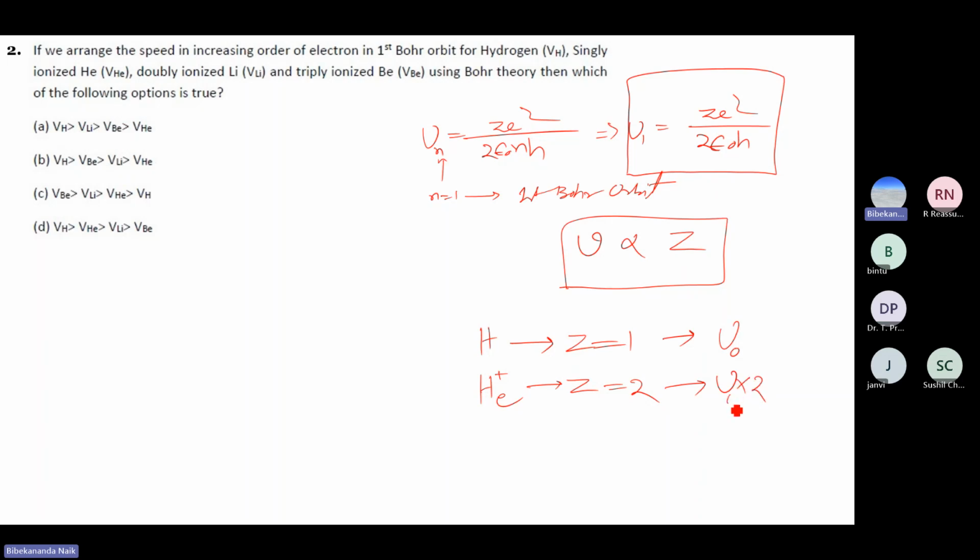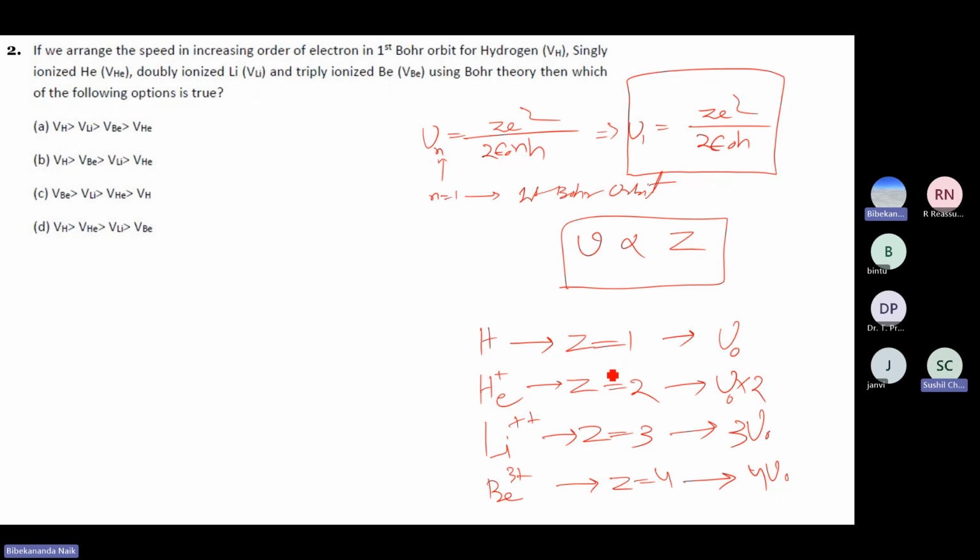Similarly, for lithium doubly ionized, Z equals 3, so it will be 3V0, because V is proportional to Z. Then for beryllium triply ionized, for which Z equal to 4 or atomic number 4, it will be 4V0.